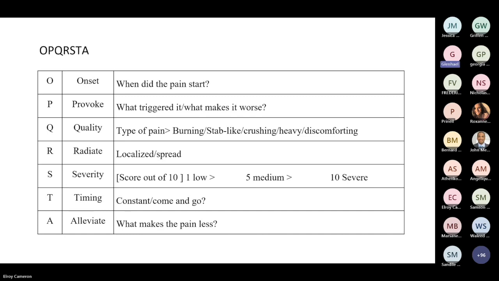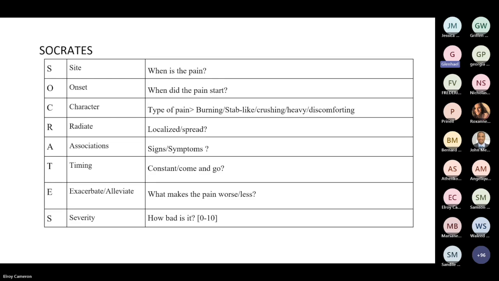Our following pain assessment tool covers a lot of things. This is the SOCRATES, not the philosopher, but what this SOCRATES assessment adds is things like the site, and that's pretty much most of what it adds, as opposed to the OPQRST.